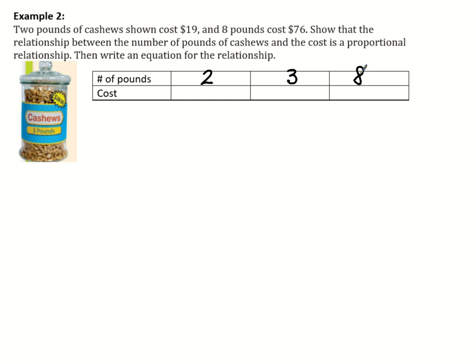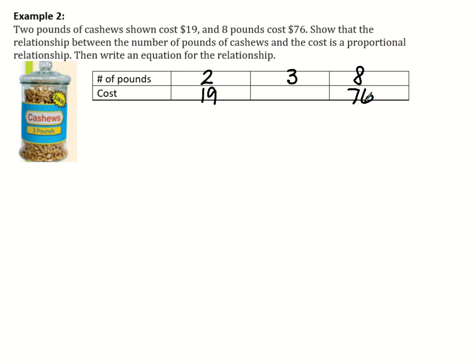And if I know that 2 pounds of cashews is $19, and I'm looking that 8 pounds costs $76, what it's saying is show that the number of pounds and the cost is proportional. So all I have is my 2 pounds and my 8 pounds. I don't have my 3 pounds. So how could I find my 3 pounds? If I'm looking at the table, I could do cost.